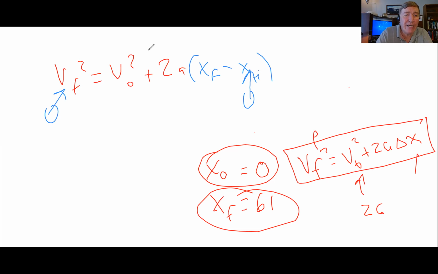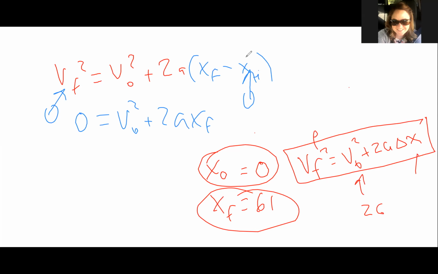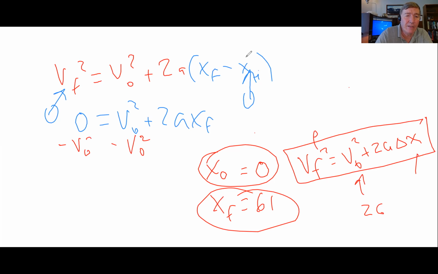So what we're going to get now is 0 equals v initial squared plus 2a times x final. All right, Jennifer, what do you do next? Then I subtracted the v initial squared. Okay, she's going to subtract v initial squared from each side. So that's going to leave us with negative v initial squared equals 2a times x final.